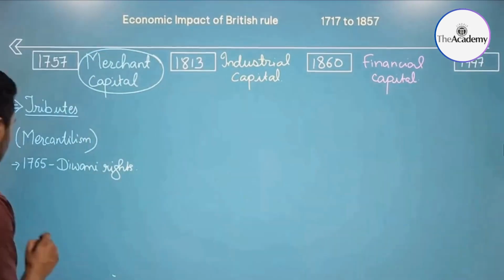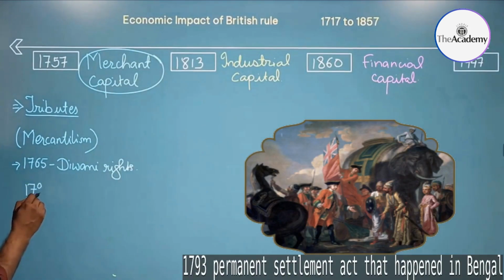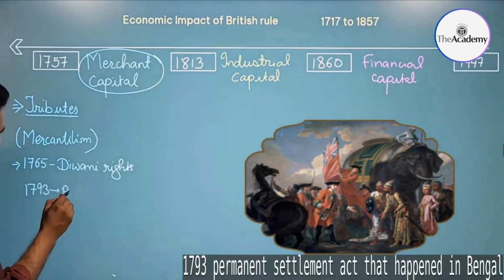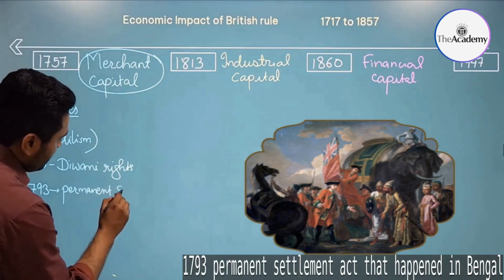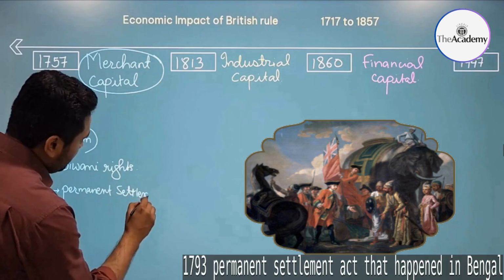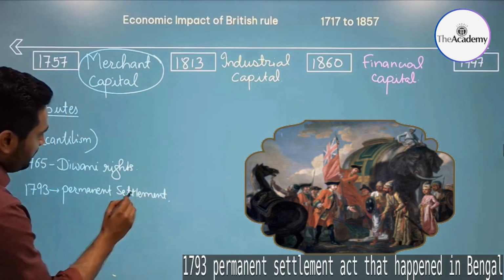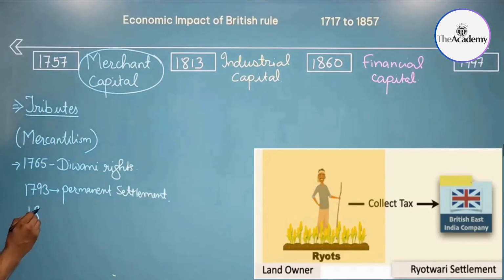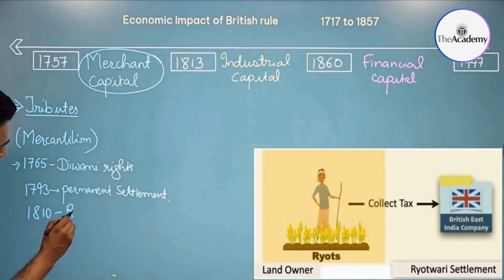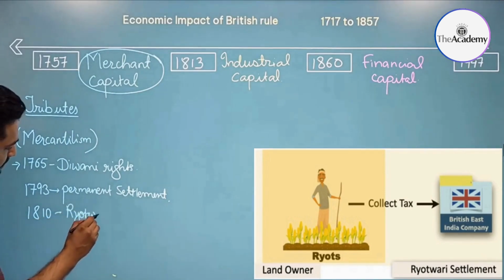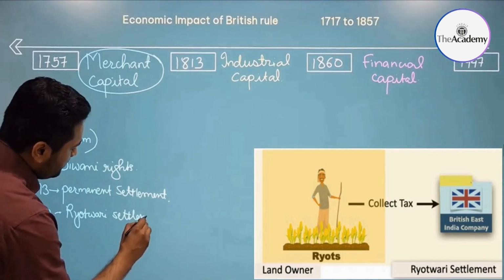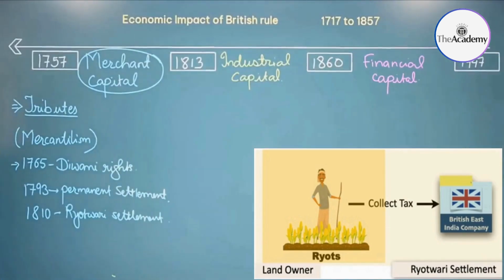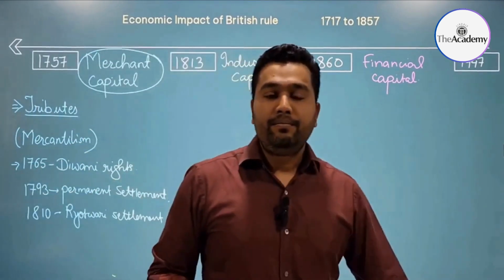So there was the 1793 Permanent Settlement Act that happened in Bengal, and there would be the Rayatwari settlement that shall occur in Madras and the Deccan region.